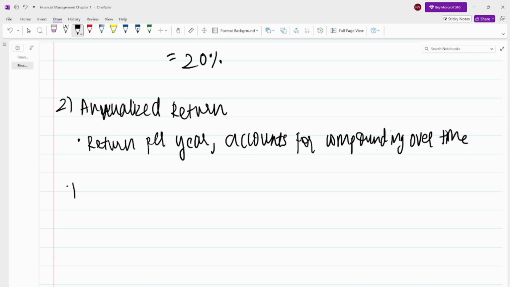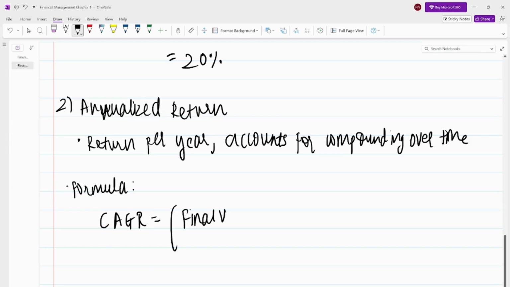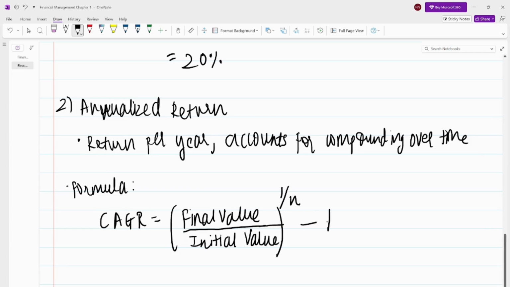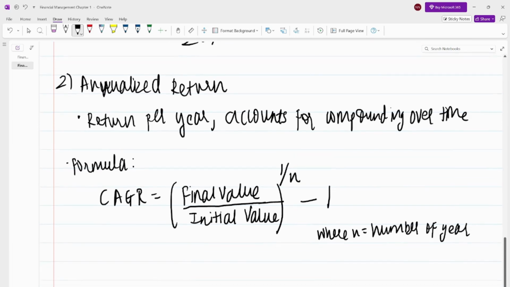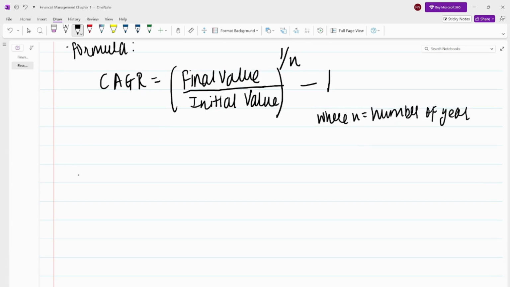So the formula for this is CAGR, that is compounded annual growth rate, CAGR full form. It basically calculates final value upon initial value raised to 1 by n minus 1, where n is the number of years. So it can be calculated for each year how much growth is there. So basically it keeps a track of growth.